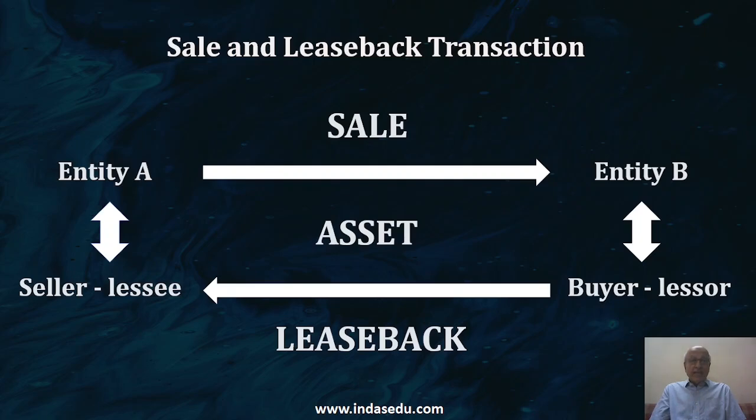Now, entity A being the lessee, it will prepare lessee accounting, right of use assets and lease liability to start with. And for entity B, lessor, his accounting will depend on the accounting policy it follows, whether the lease is a finance lease or an operating lease.